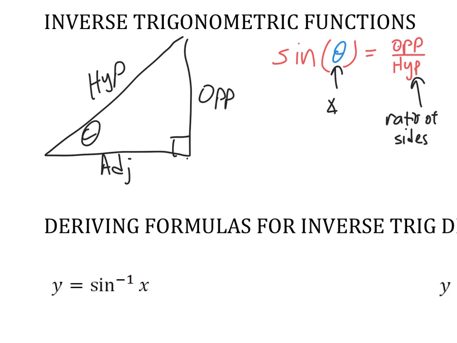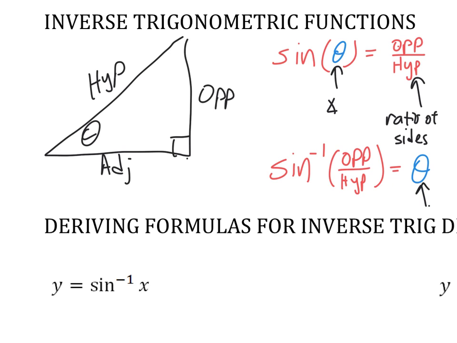But if I wanted to take the inverse of this, then I would say that sine inverse of the opposite side divided by the hypotenuse gives me angle theta. All I've done is switch my values. This is my angle measure, and this is the ratio of sides.